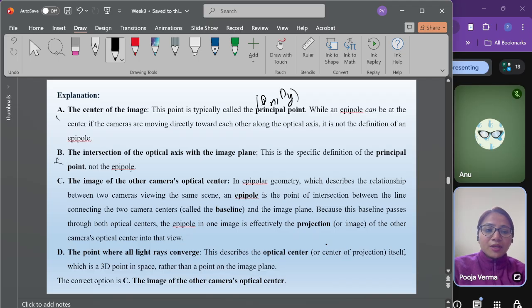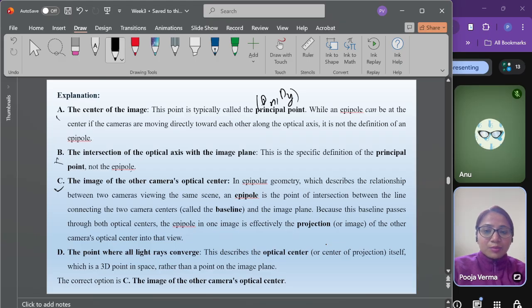Because this baseline passes through both optical centers, the epipole in one image is effectively the projection, or the image, of the other camera's optical center into that view. This is the basic definition of the epipole.